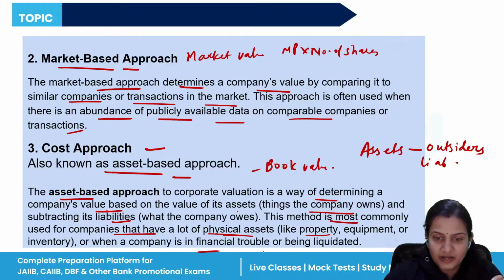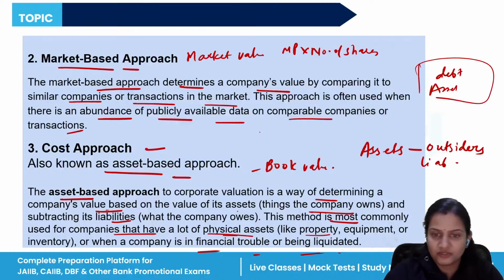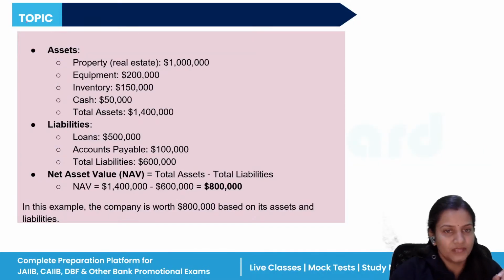When a company is in financial trouble or being liquidated, we know that we have a lot of debt on our head and we also have a lot of assets. In such a case, the asset based approach is good for finding the actual valuation of a company.